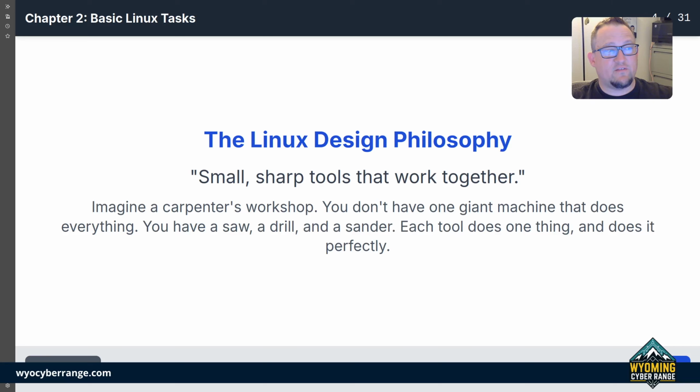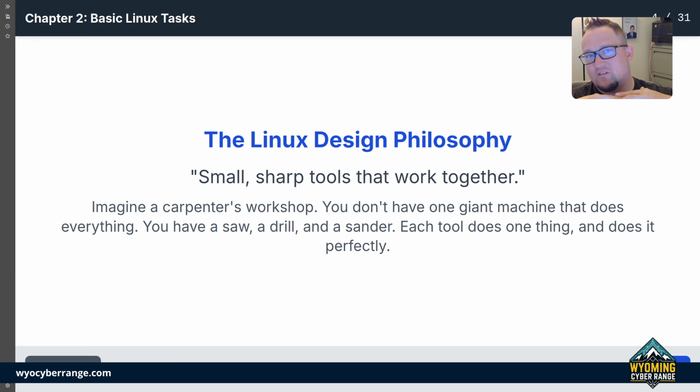So the basic Linux design philosophy: small, sharp tools that work together. In other words, imagine that carpenter's workshop. You don't have one giant machine that does everything for you. Instead, you're going to have different devices that do different specialized tasks, like a saw to cut wood, a drill to drill through a piece of wood, or a sander to get some finishing touches.